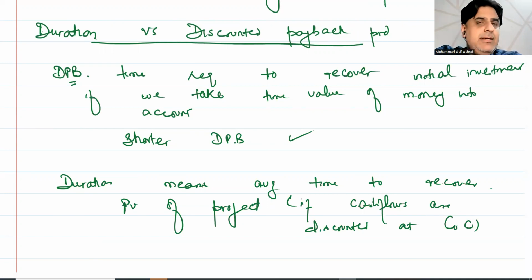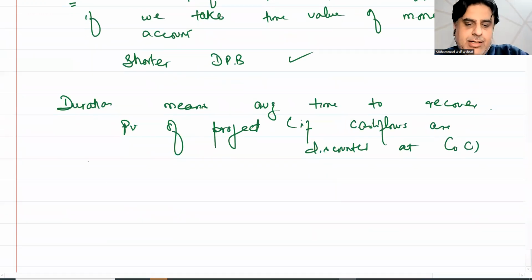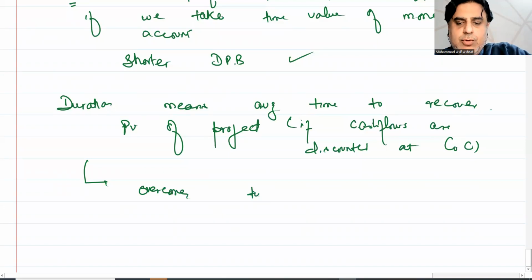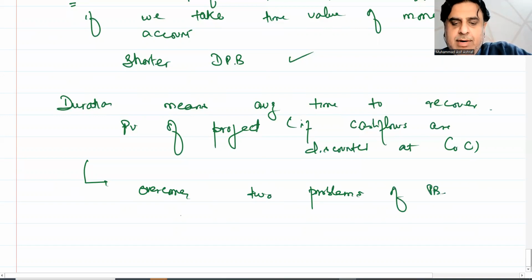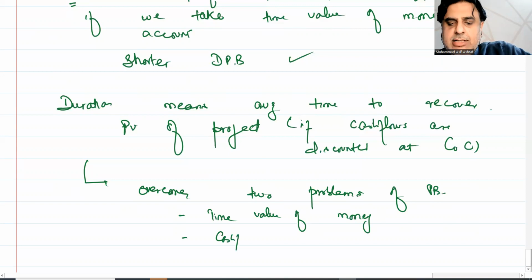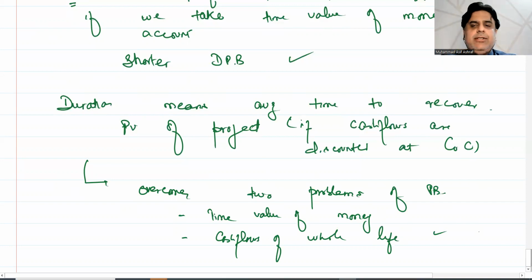This is the difference. Now, if you see, duration overcomes the two problems of payback period. Number one, it is accounting for time value of money, and the cash flows of the whole life are now in consideration.